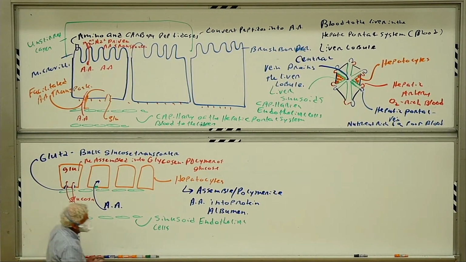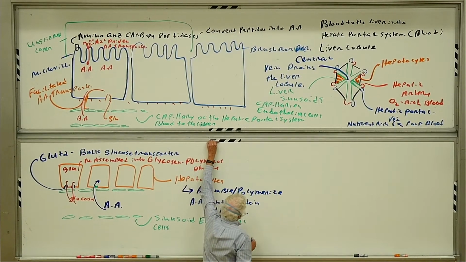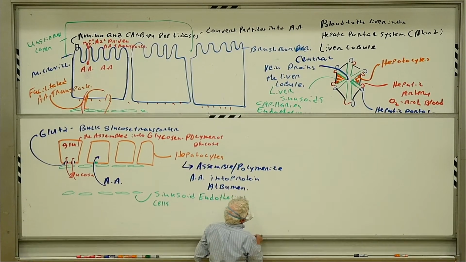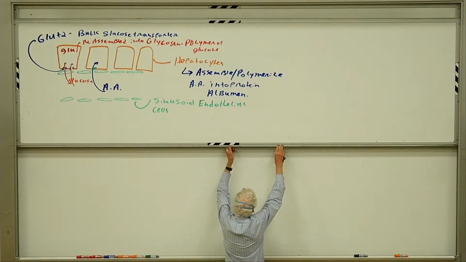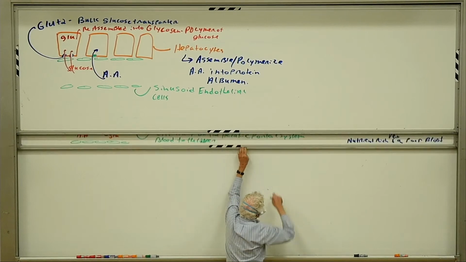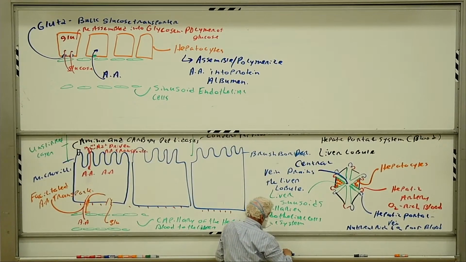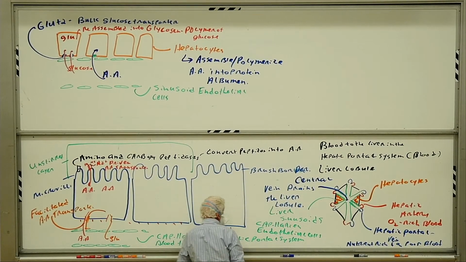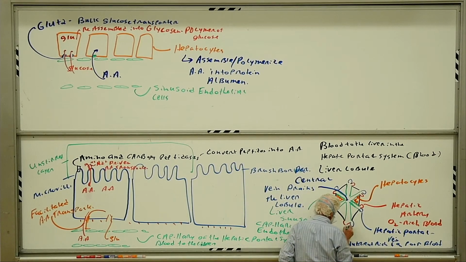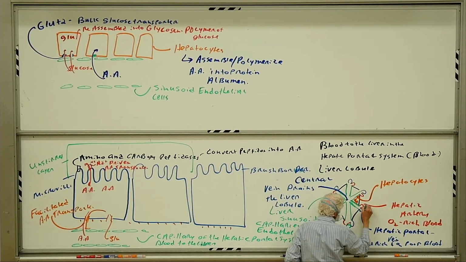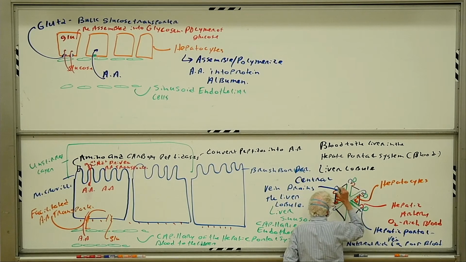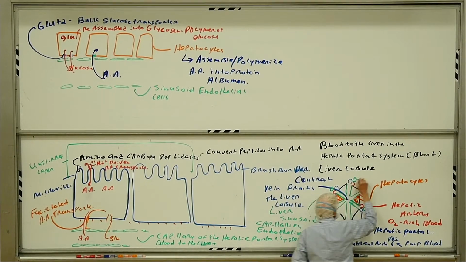But they also do something else. At these vertices, there's a third tube. And this third tube, and there's one at each point, these are called canaliculi.